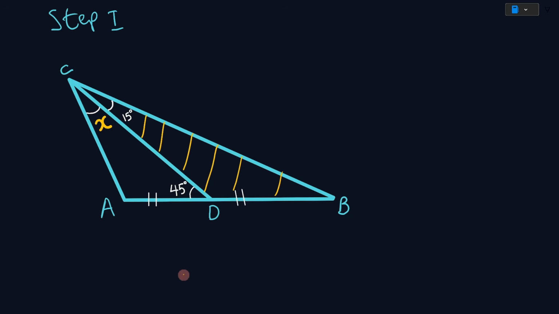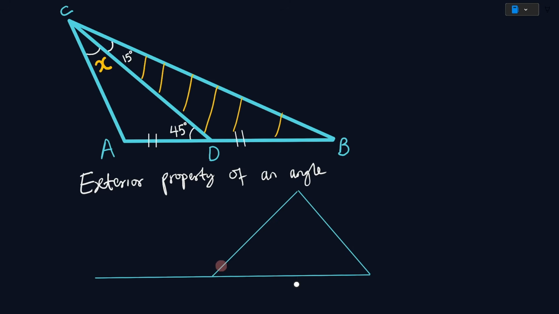So recall the exterior angle property: this angle, 45 degrees, is exterior to this triangle. If you have an exterior angle here, say Y, and you have an interior angle A, and here an interior angle B, let's call this C.